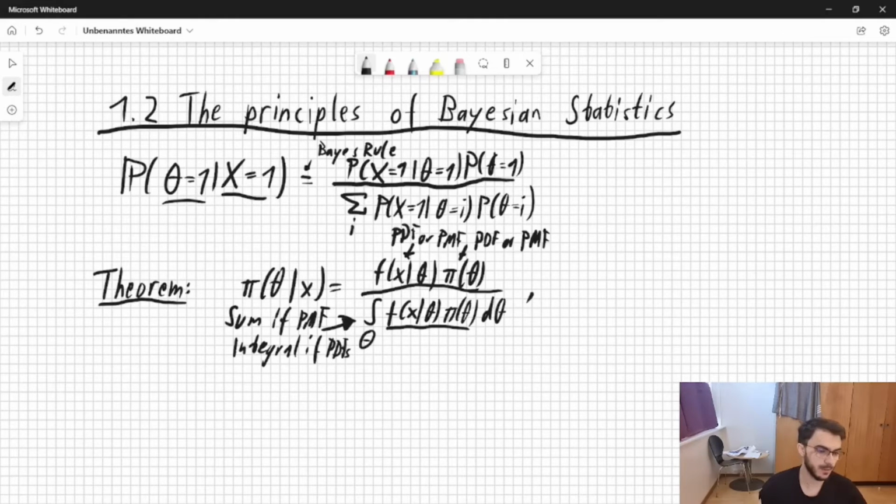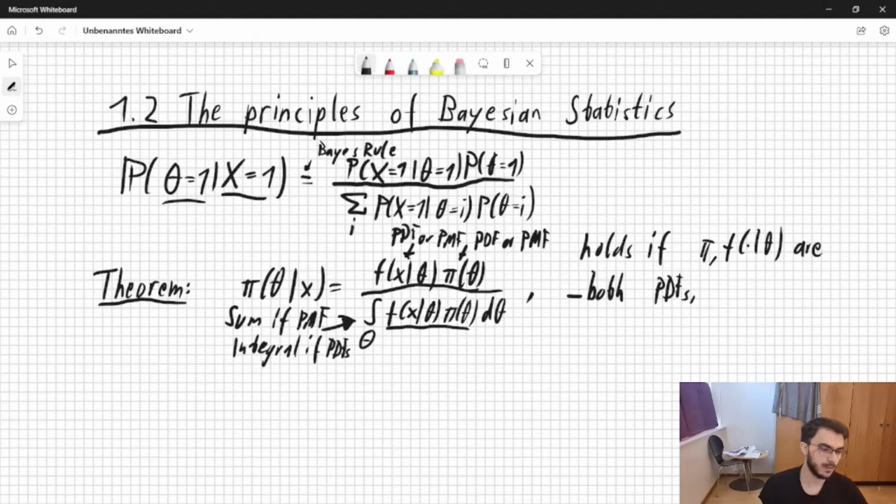So let me just write this out. This holds if pi and f given theta are either both PDFs, both PMFs, or pi is a PMF, so pi being a PMF and f being a PDF is also fine.